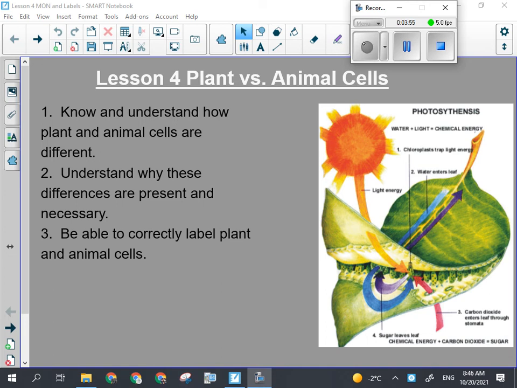So a parasitic fungus like athlete's foot, instead of digesting the food inside of its body, digests the food outside. All fungi do this. They grow things called hyphae. They look like roots, but they're not roots. They're their feeding apparatus. So these hyphae grow into the food source, your foot.